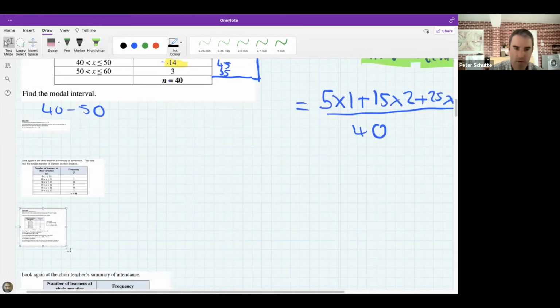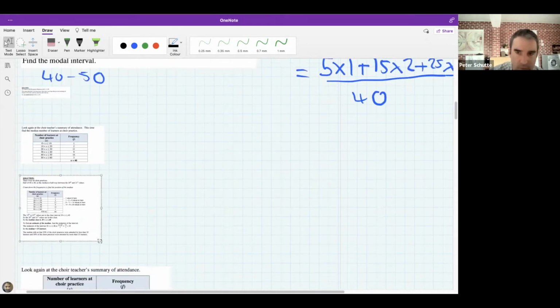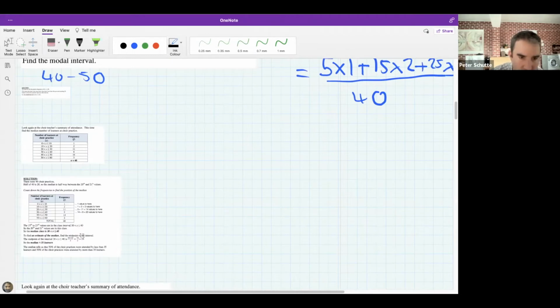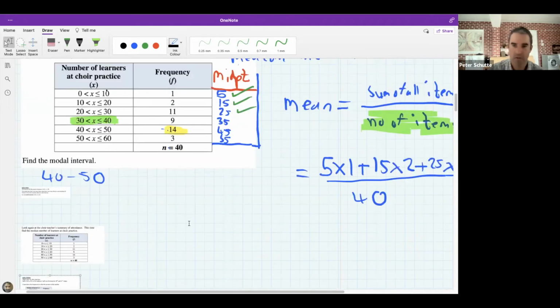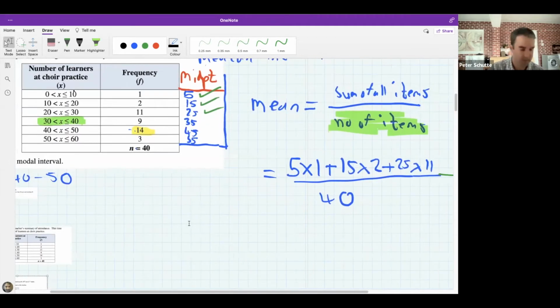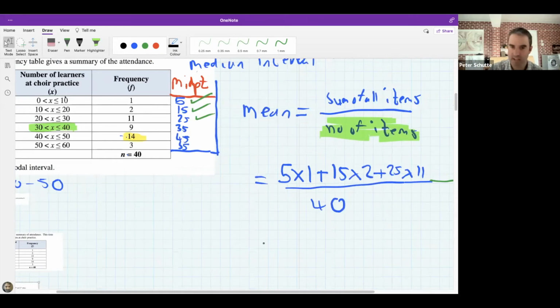I'm going to use my answer cheat sheet here just to make sure I get the number right. The final answer, I'm seeing it in the chat fairly consistently, the final answer should be 35.5.